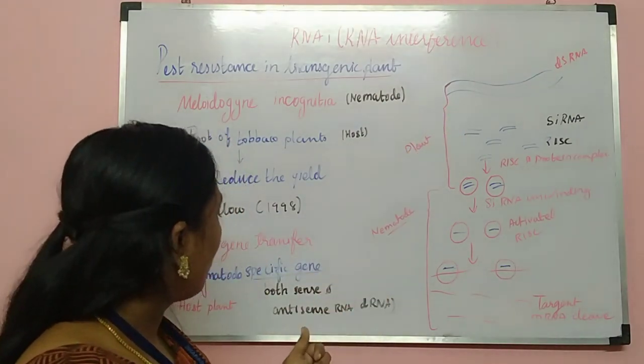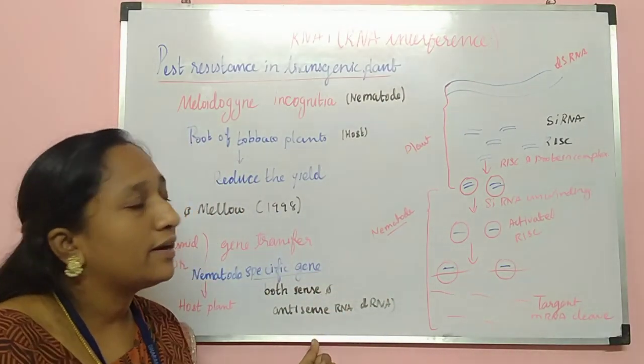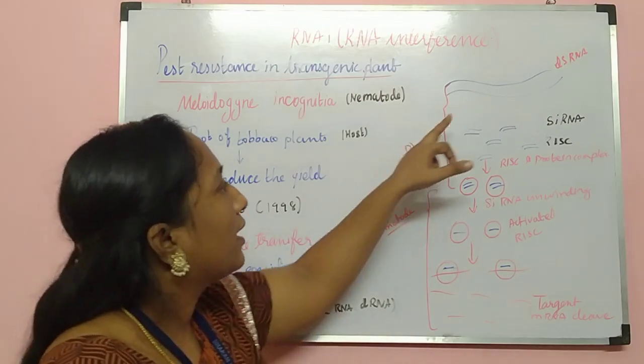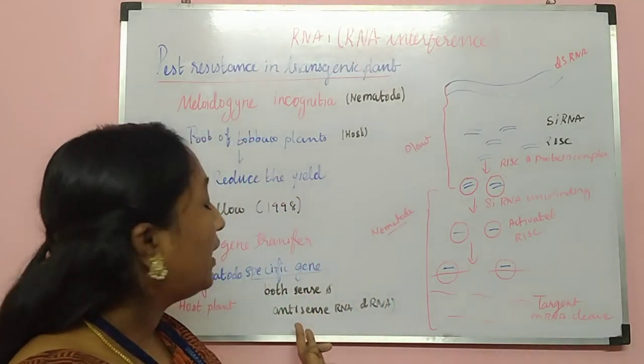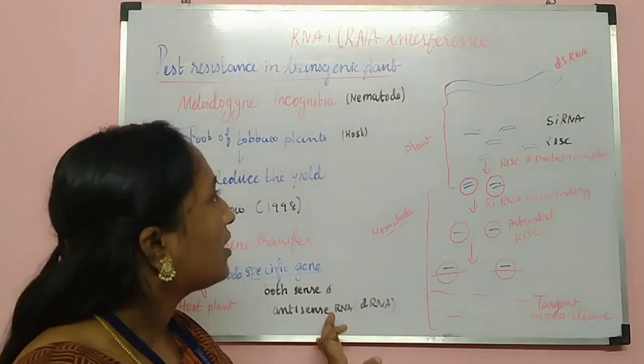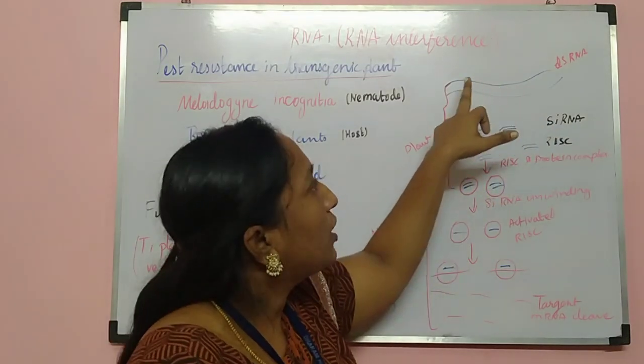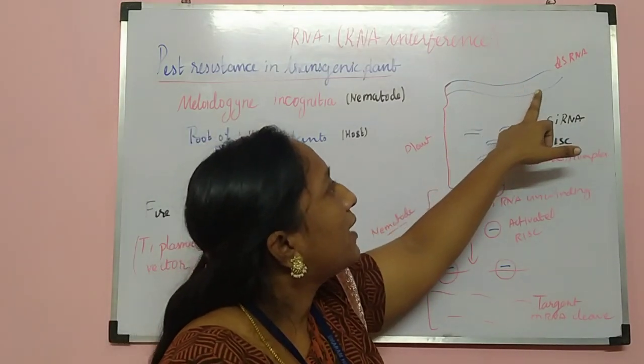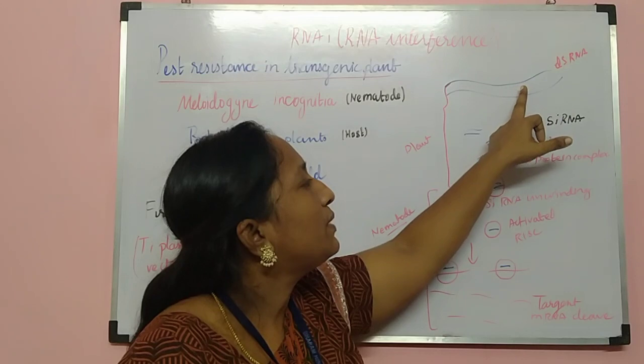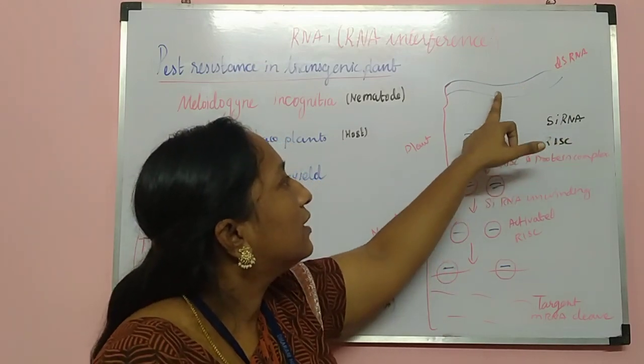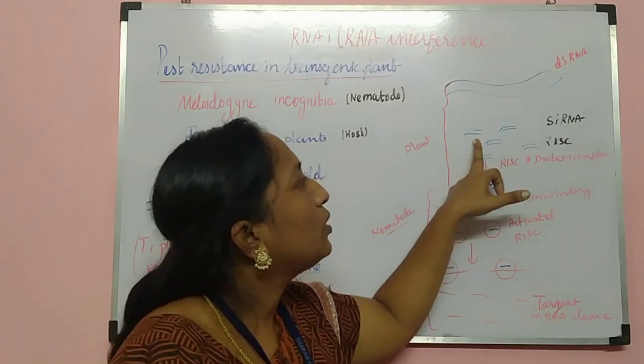After production of the double stranded RNA, we introduce the Ti plasmid with double stranded RNA into the plant. In the plant, when the double stranded RNA comes, immediately the dicer cuts the double stranded RNA into siRNA.